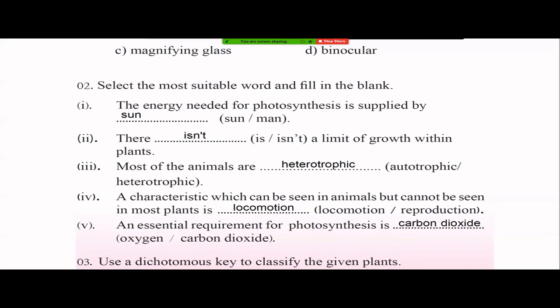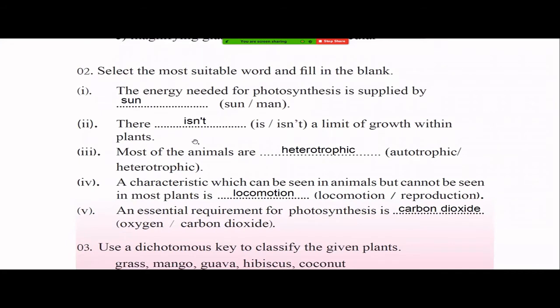But animals have growth for a specific time, and after that it's fixed. So animals have limited growth, but trees have unlimited growth. So there isn't a limit of growth within plants. They grow throughout their lifetime, right?